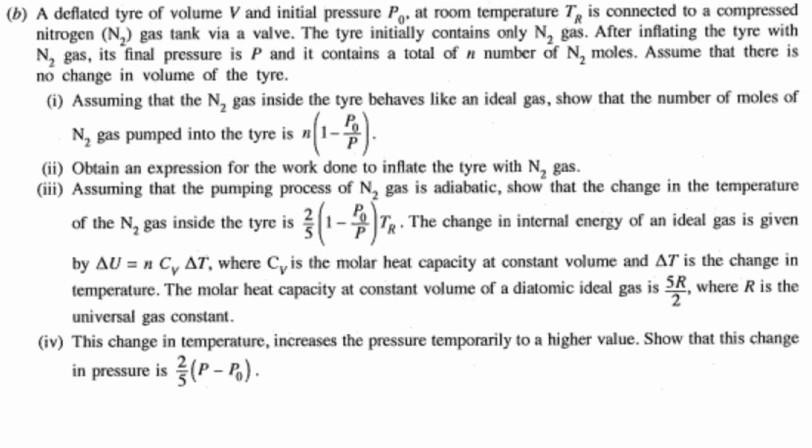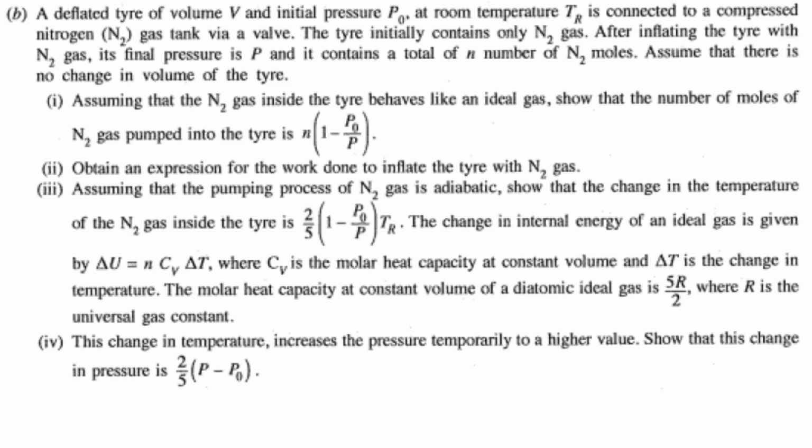In part B, a deflated tire of volume V and initial pressure P0 at room temperature TR is connected to a compressed nitrogen gas tank via a valve. The tire initially contains only nitrogen gas.